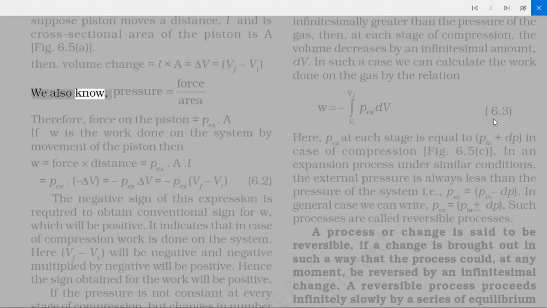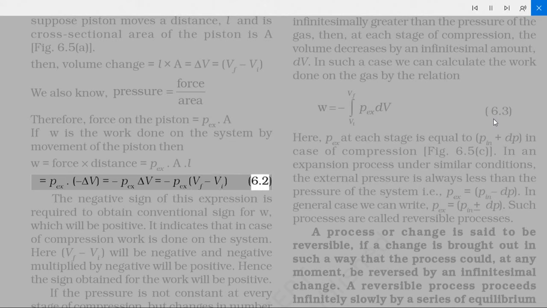We also know, pressure is force per area, therefore force on the piston is equal to Pex times A. If w is the work done on the system by movement of the piston, then w is equal to force times distance, which is equal to Pex times A times L, which is equal to Pex times ΔV.